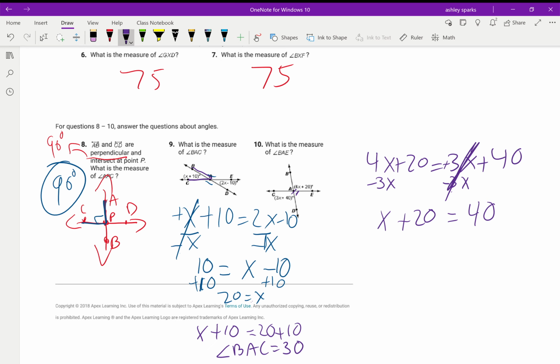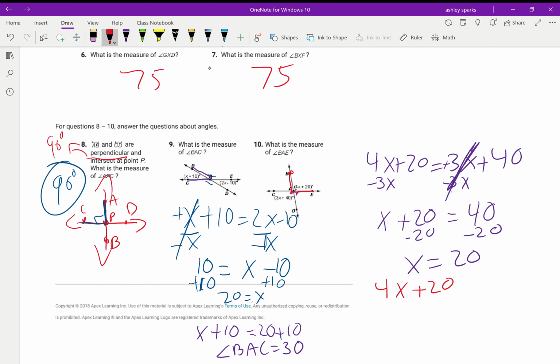Now I want to do my last step and solve. The opposite of plus 20 would be minus 20. So x would equal 20. I need to plug this back into my equation. It's asking me about angle B to A to E, which is this 4x plus 20.